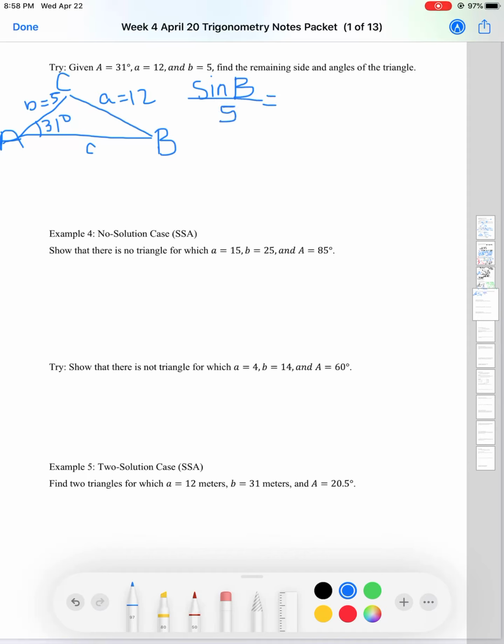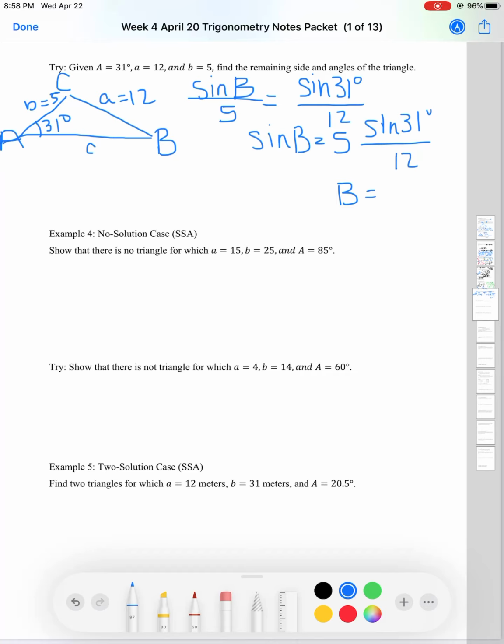We're going to do sine B over 5 equals sine 31 degrees, which is sine A, over A, which is 12. So sine B equals 5 times sine 31 degrees over 12.